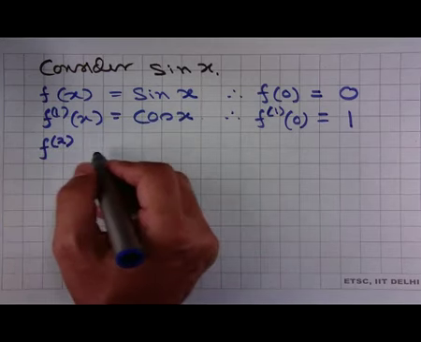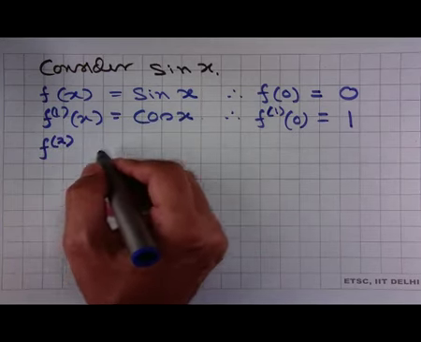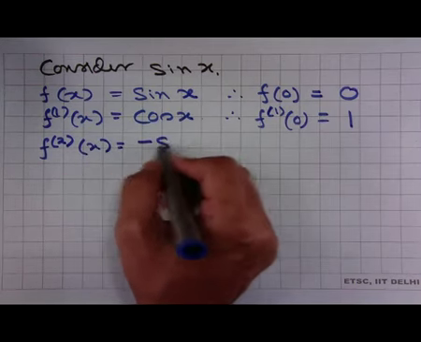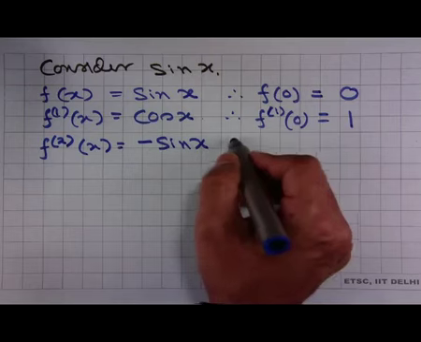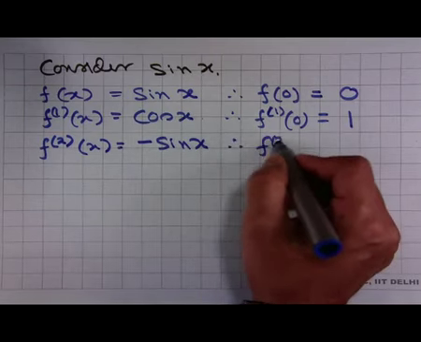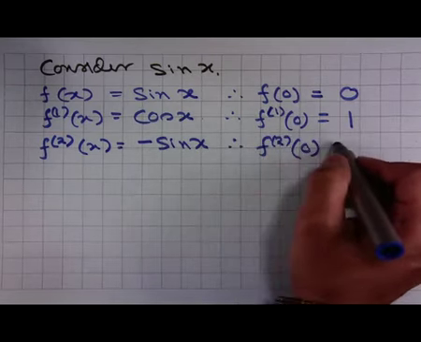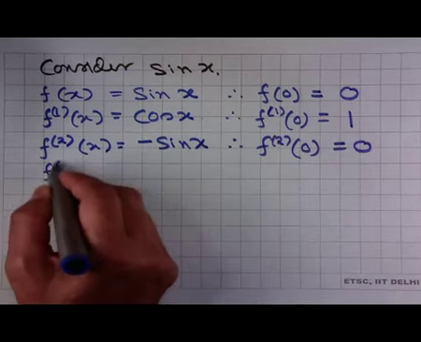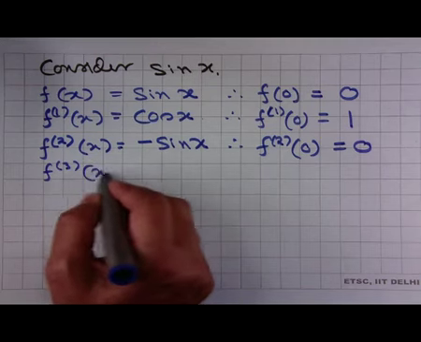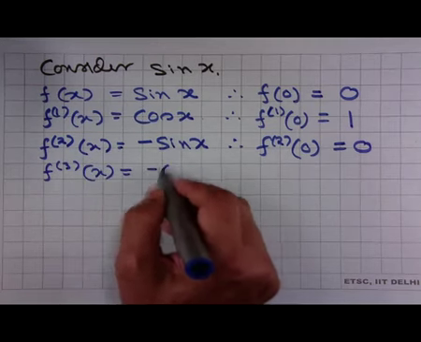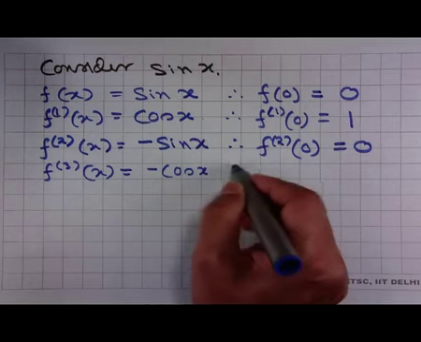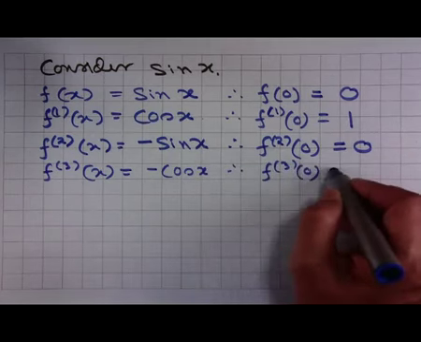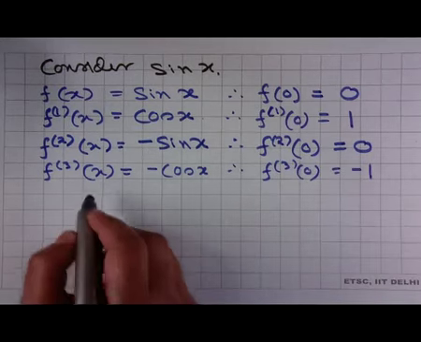Second derivative of x is equal to minus sin x. Therefore, second derivative at 0 is equal to 0. Third derivative of x is equal to minus cos x. Therefore, third derivative at 0 is equal to minus 1.